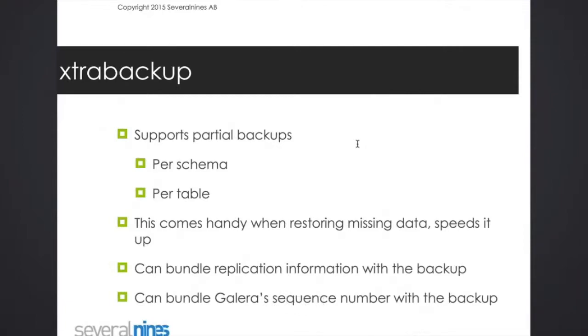xtrabackup is an exception to the all-or-nothing restore that I mentioned earlier. It definitely supports partial backups per schema and on a table basis. It's not very popular, I would say.